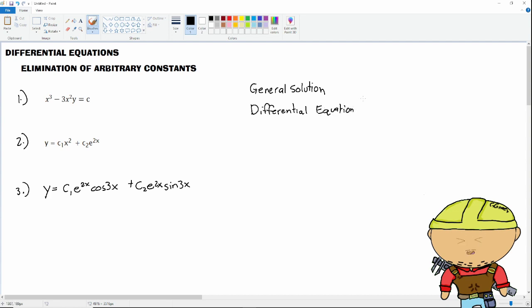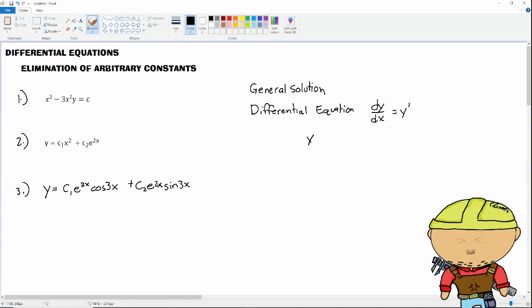When we say differential equation, that's the main subject, the main topic. We find our equations having differentials, dy over dx, which is y prime, having derivatives.